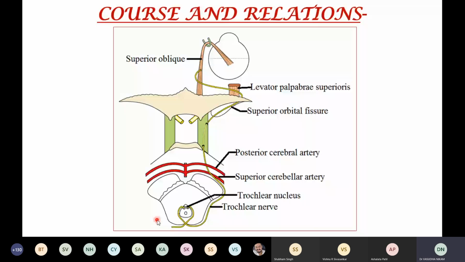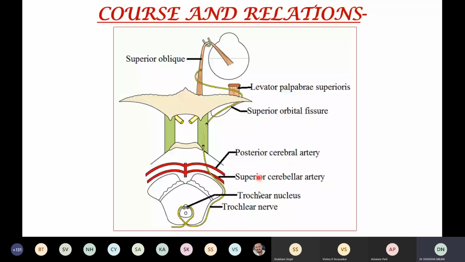This is the tegmentum, substantia nigra, crus cerebri. This is the tentorium cerebelli, posterior clinoid process, cavernous sinus. This is the lesser wing of sphenoid showing the anterior clinoid process, optic nerve, and this is the hypophyseal fossa. So you can correlate all these things when I am describing the course of the trochlear nerve.